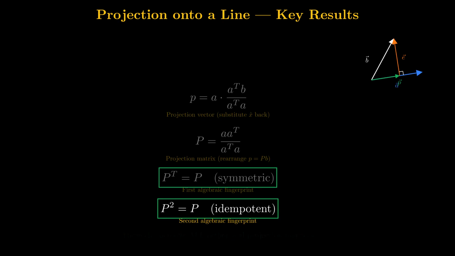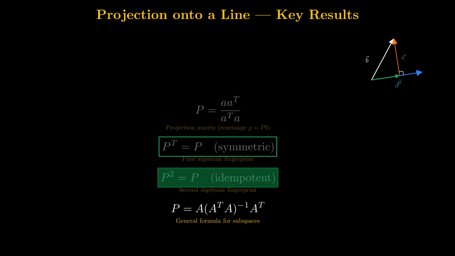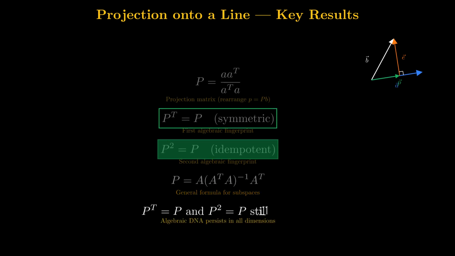Looking ahead, when we move to projecting onto planes or higher dimensional subspaces, the formula generalizes to capital P equals capital A times the quantity capital A transpose capital A inverse times capital A transpose, but symmetry and idempotency will still hold. One right angle gave us a scalar, then a matrix, and the matrix's algebraic DNA travels with us from here forward.